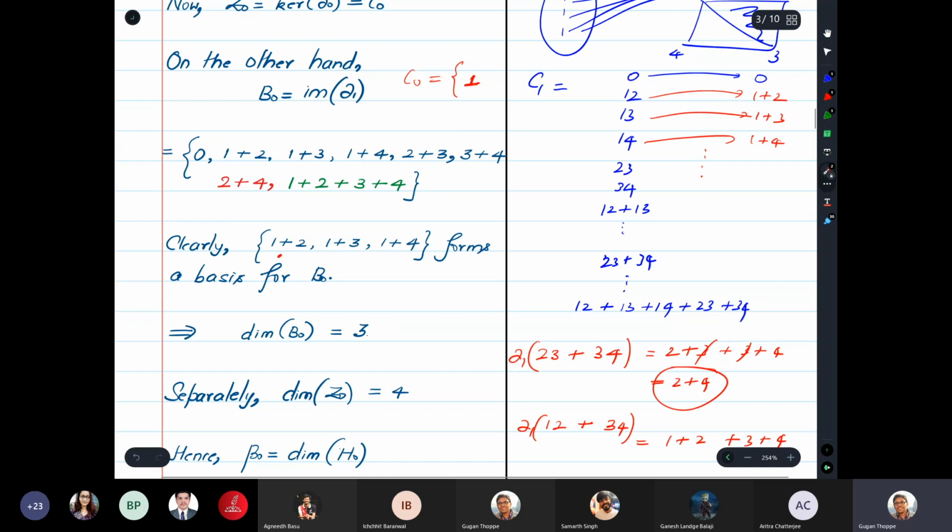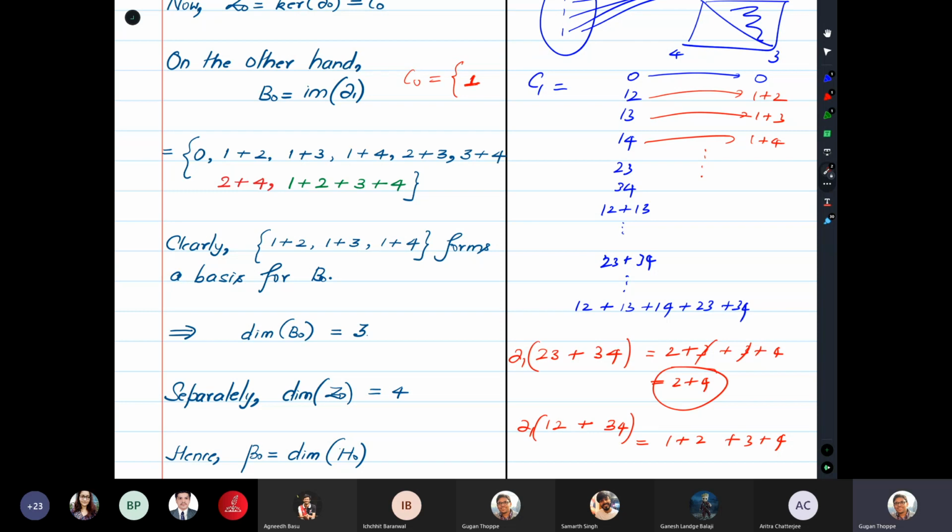So definitely 1 plus 2 can be used to create this, 1 plus 3 can be used to create this, and 1 plus 4 can be used to create this. Can one of you tell me how to create 2 plus 3? We are checking whether this spans this space, right? So I would like one of you to volunteer and tell me how we can create 2 plus 3 using these basis elements.